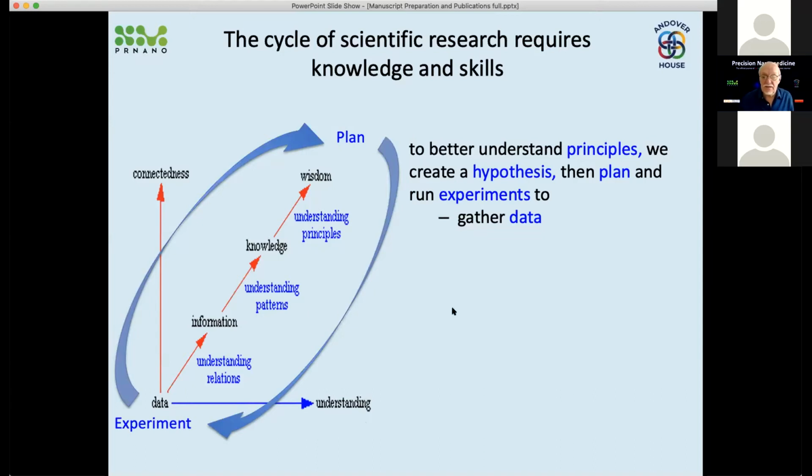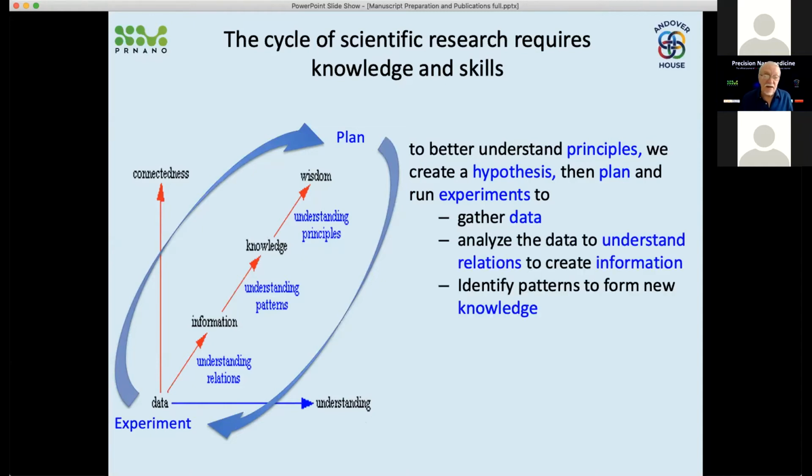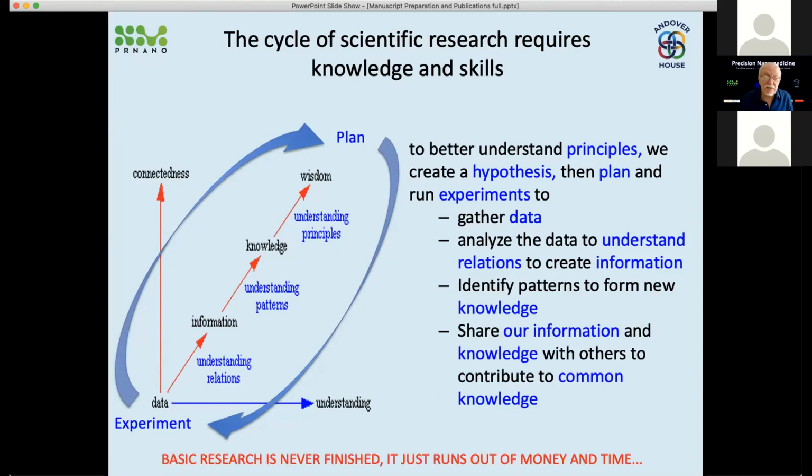To better understand these principles, we create a hypothesis and plan and run experiments to get the data. Then the next round, analyze the data to understand relations, to create information, identify patterns to form new knowledge, and then share our information and knowledge with others to contribute to the common knowledge.